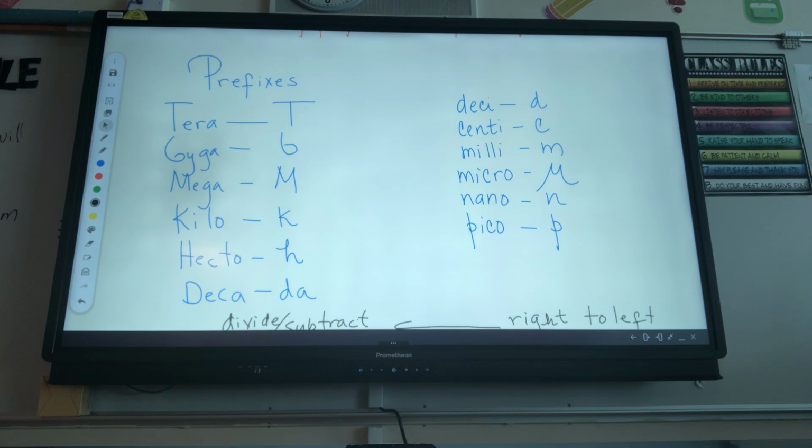Okay? You have to memorize the prefixes. There's no other way. Because if you don't memorize the prefixes, then you don't know from where to where you're going. Questions about that? No? You don't have any questions about that?